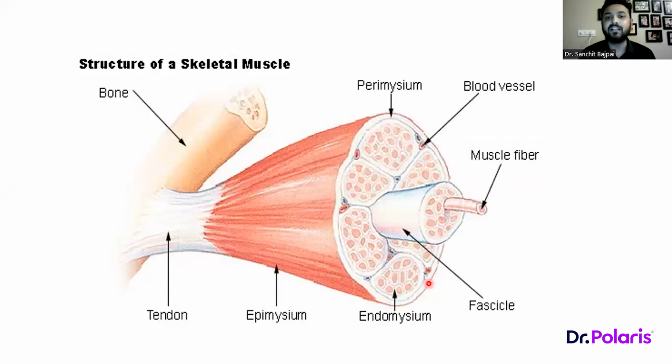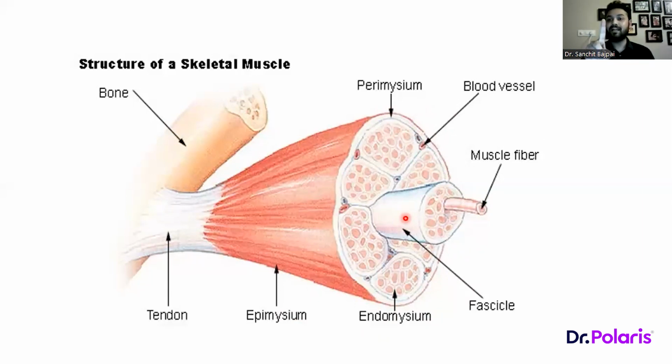Now, each muscle has got multiple of these small muscle fibers. So let's say this is one muscle fiber. Once multiple muscle fibers get clubbed together, we give it the name fascicle. That means if I have one finger, I will say this is my one muscle fiber. This is lined by deep fascia.